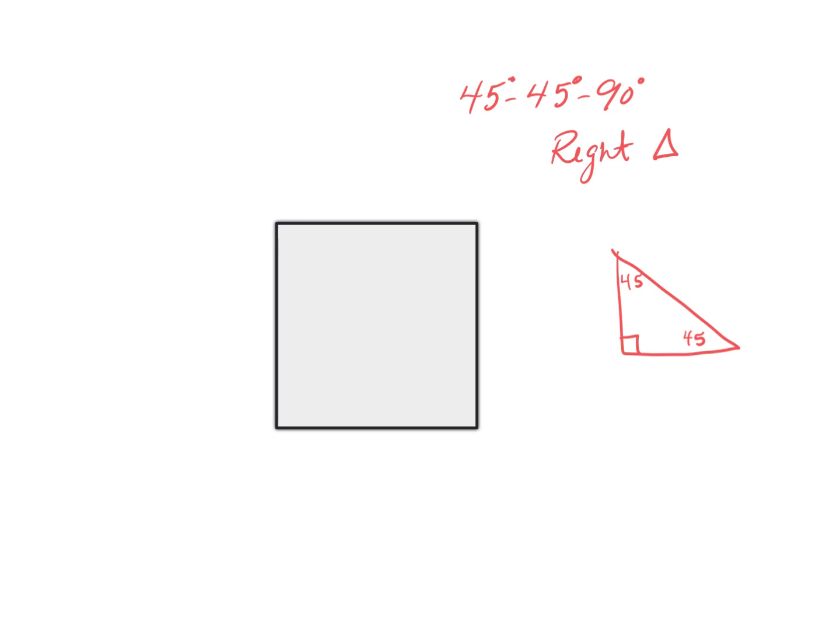Now, the only time we can get a special right triangle with these specific angles is if we divide a square in half diagonally, because we know that squares have right angles, and the diagonal divides those corner angles into 2 45-degree angles.